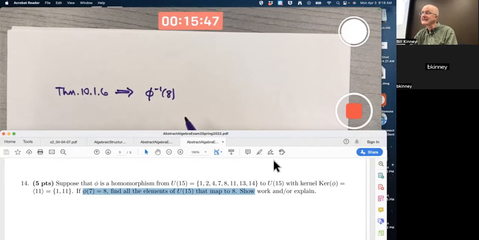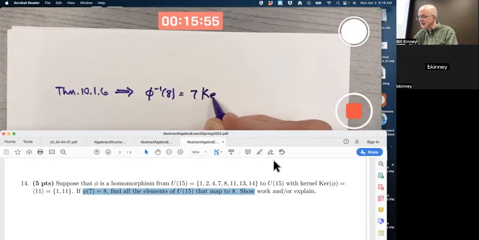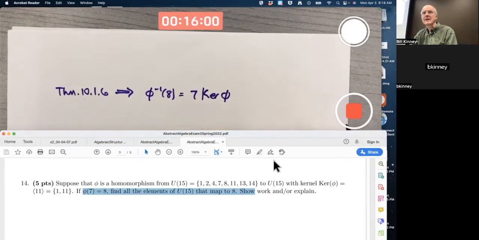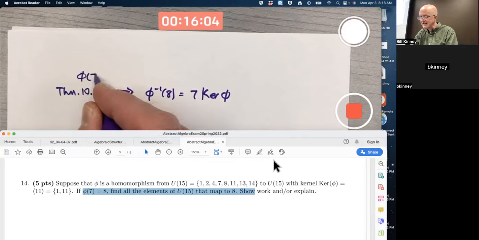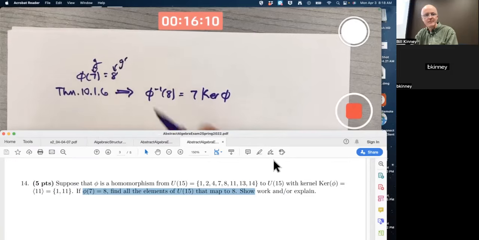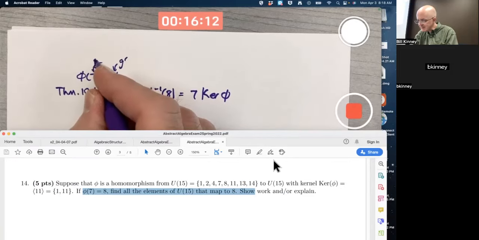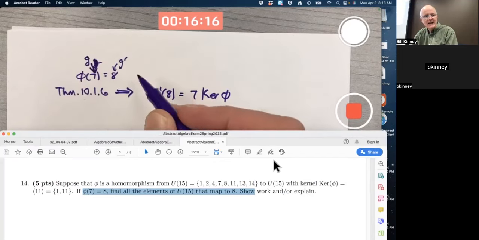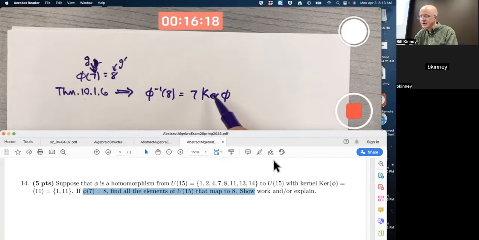This is a set. According to this theorem, it's the coset 7 times the kernel of phi. So phi of 7 equals 8. The 7 is playing the role of the g, and the 8 is playing the role of the g prime.